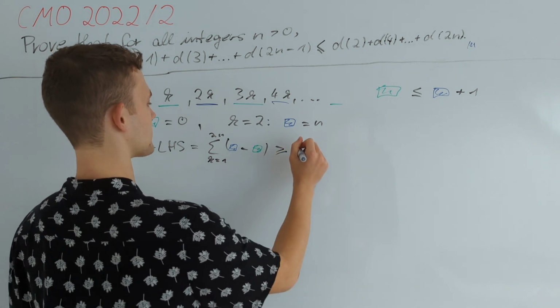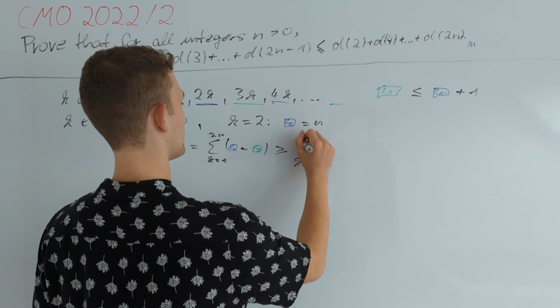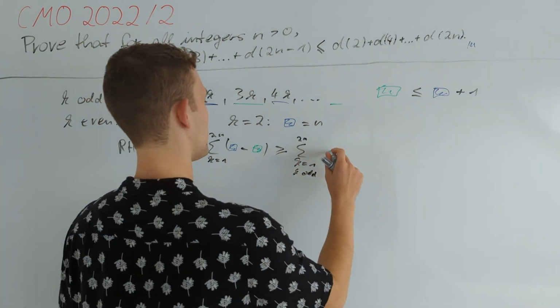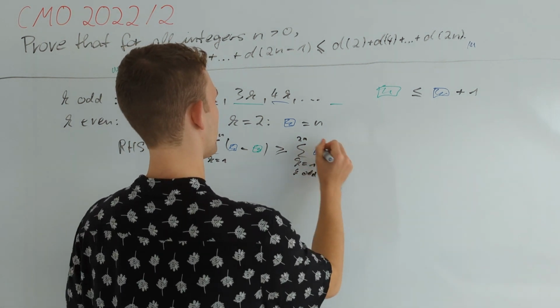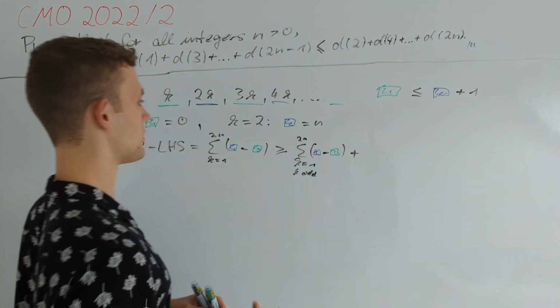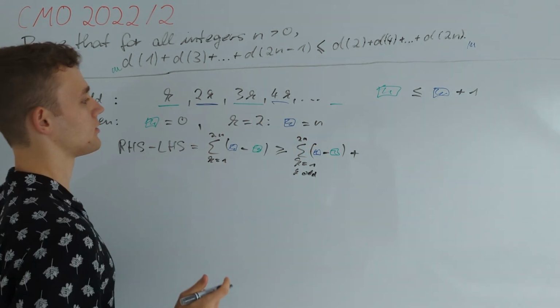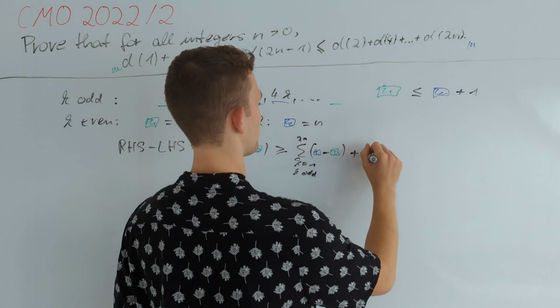Therefore, all of this is greater than or equal to the sum over odd k between 1 and 2n of the blue minus the green contribution. And since we don't want to ignore all of the even k, we want to take into account that for k equal to 2, blue minus green is equal to n.